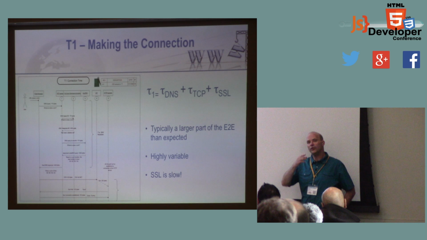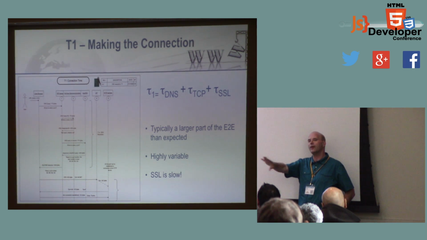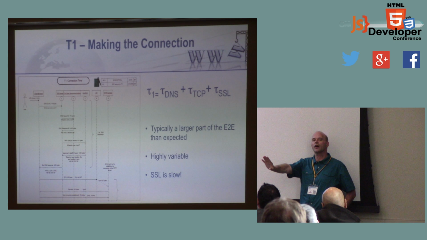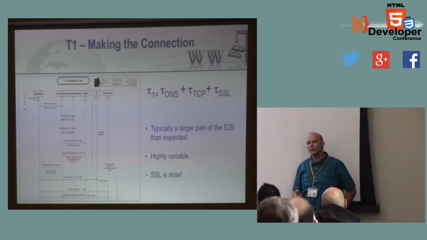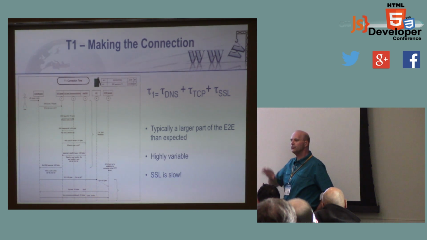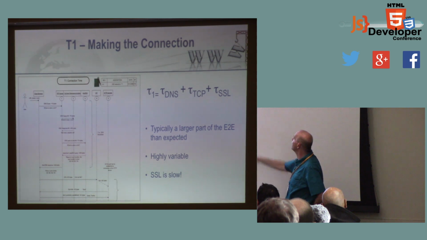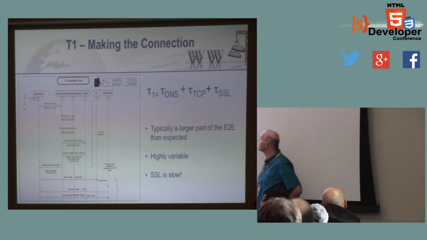And so what we see is a big curve where most of the connections happen really quickly, and then there are some outliers for those folks who just got caught at the time when the recycling was happening. They just got caught at a bad time in the cycle. So when you see those outliers, they aren't always something that you can or should do something about. But TCP connection times are highly variable.